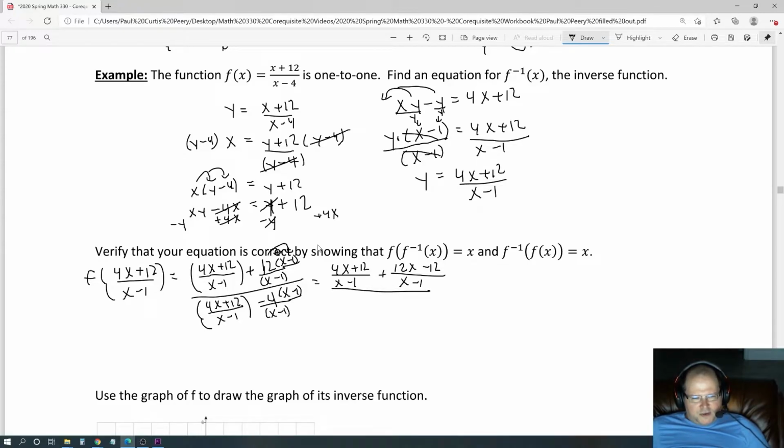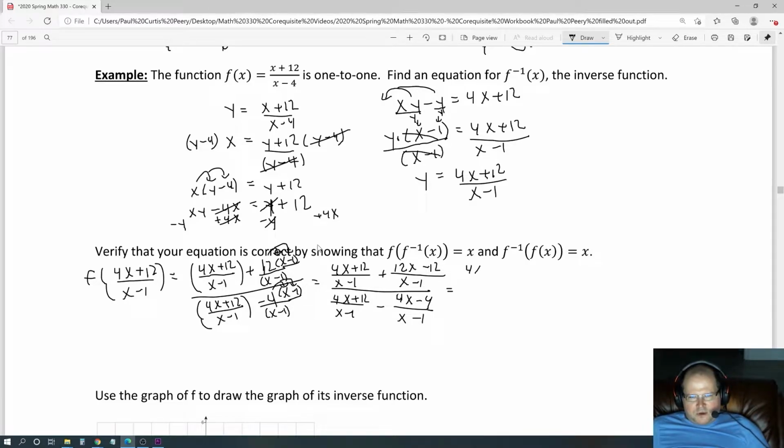And then over here, you would have the same kind of situation of 4x plus 12 over x minus 1, except now it is minus 4, and that would be 4 times x, which would give you 4x. I'm just doing this distribution right there. And then 4 times negative 1, which is negative 4, all over x minus 1.